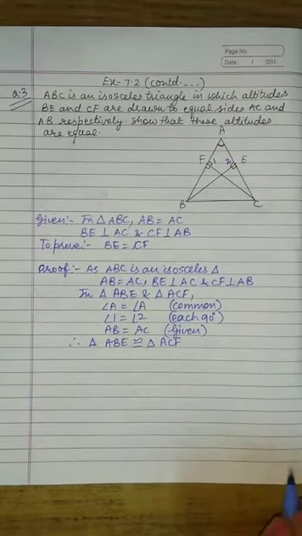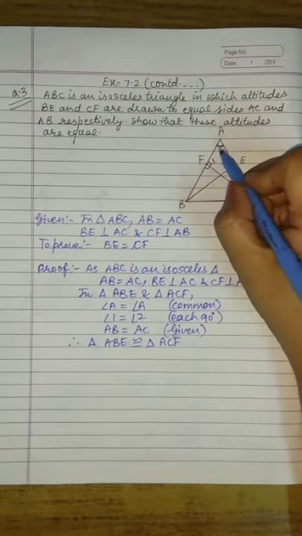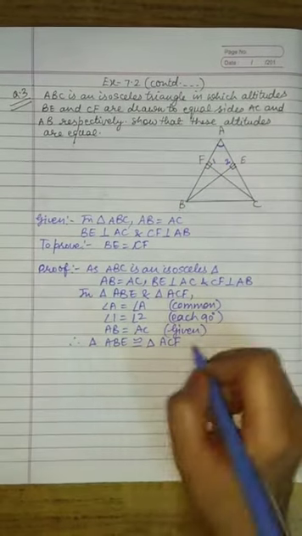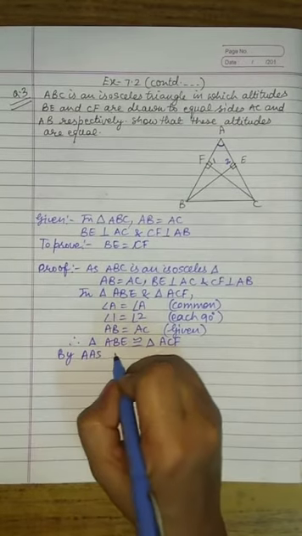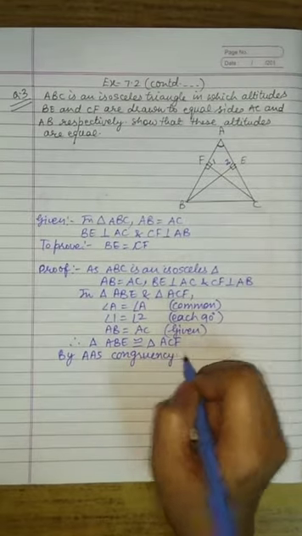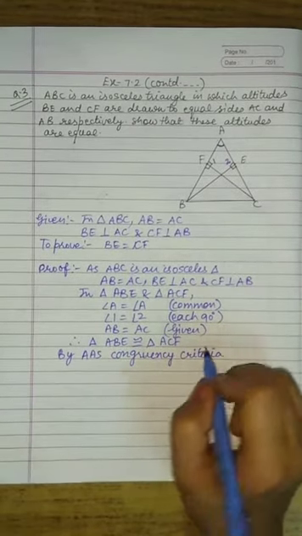Now, which congruency criteria have we used here? Angle, angle, and then side. So, by AAS congruency criteria, the triangles are congruent.